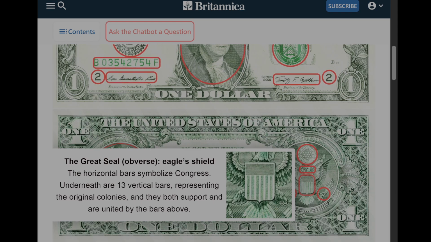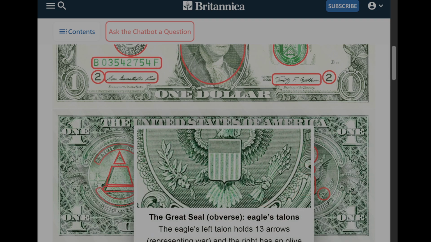The Great Seal. Eagle's shield. The horizontal bars symbolize Congress, which is left to right. Underneath are 13 vertical bars representing the original colonies, and they both support and are united by the bars above. To the right now, the Great Seal, eagle's talons.